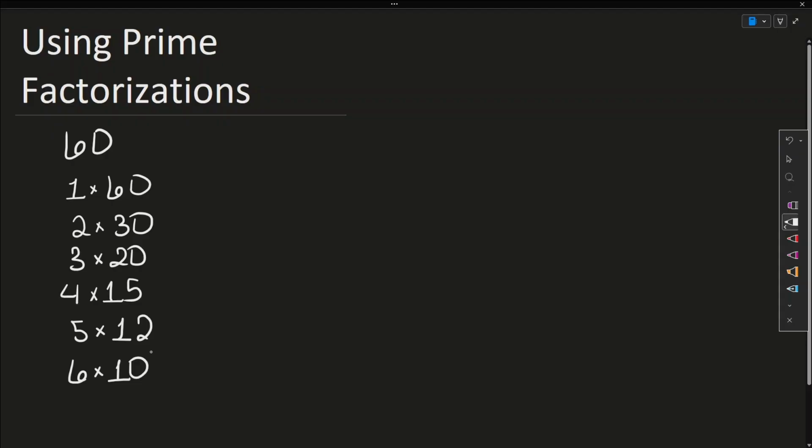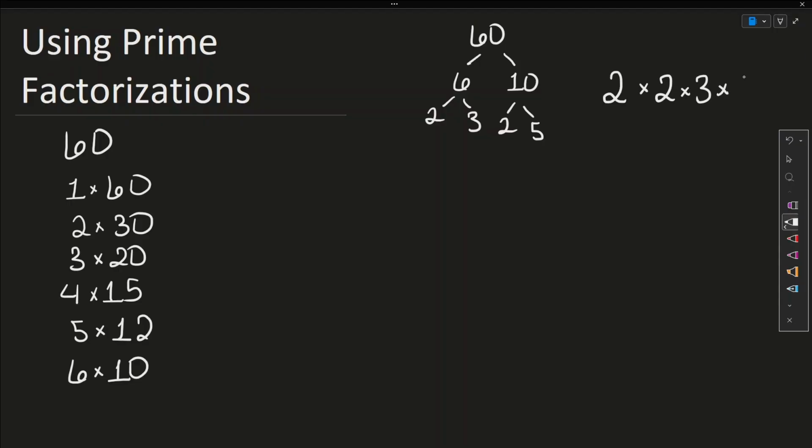Now, let's find the prime factorization of 60. 60, I'm going to go ahead and break up into 6 and 10. 6 is 2 times 3, and 10 is 2 times 5. So we have 2 times 2 times 3 times 5, or 2 squared times 3 times 5.